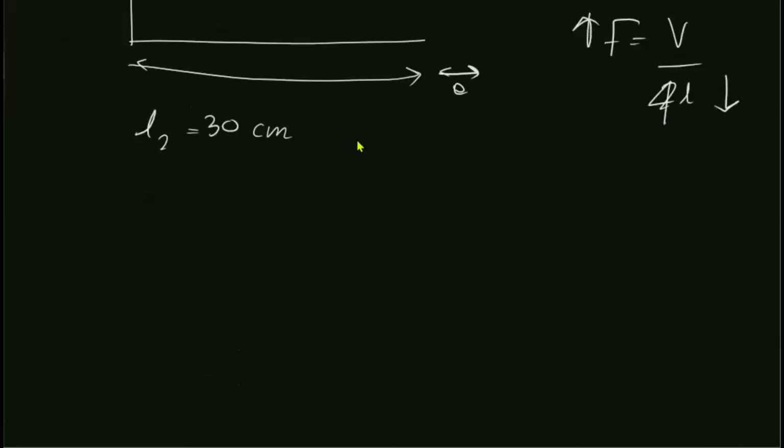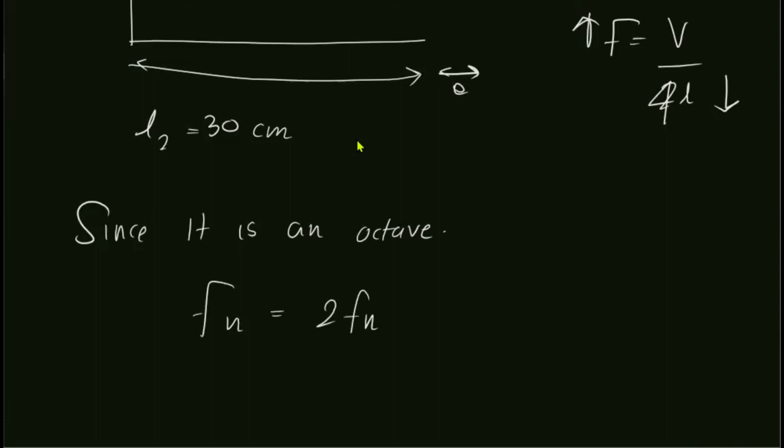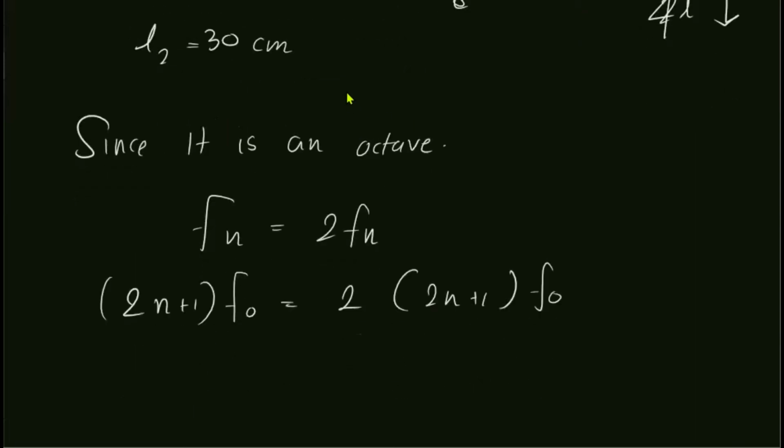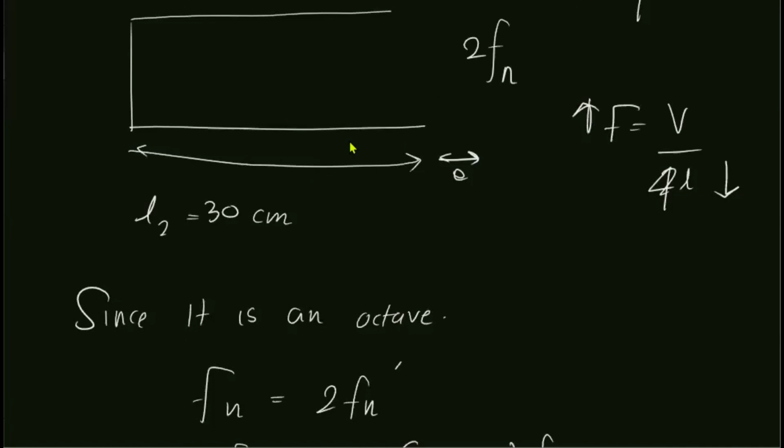So simply, since it is an octave, Fn is equal to 2Fn. Fn, how do we write? 2n plus 1 F, no, this is 2 times F, 2n plus Fn, and Fn is simply the fundamental frequency.